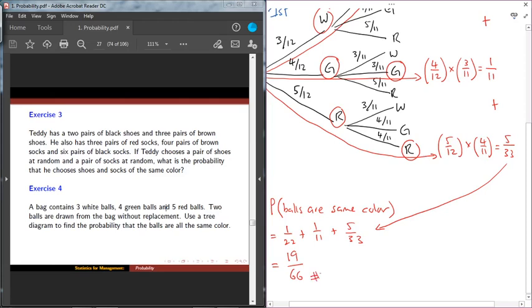You should get this probability. It's 19 over 66.